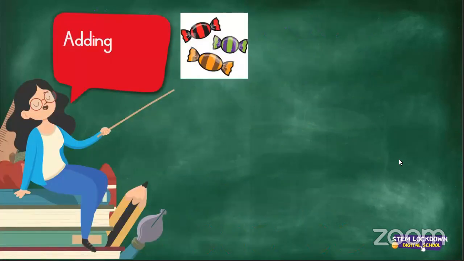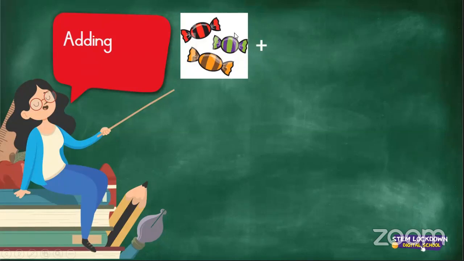All right, so let's go and have a look and see. We are going to add some sweets. I know you all like sweets. Do you like sweets? Yes, you do. So let's have a look. We've got 3 sweets over here. And what sign is this? This is a plus sign.